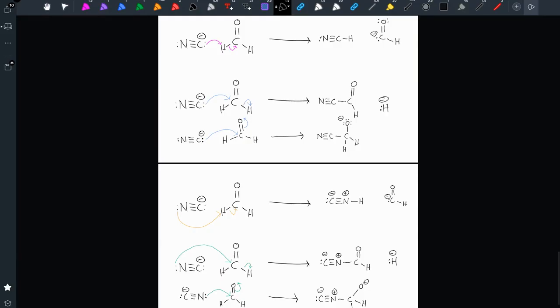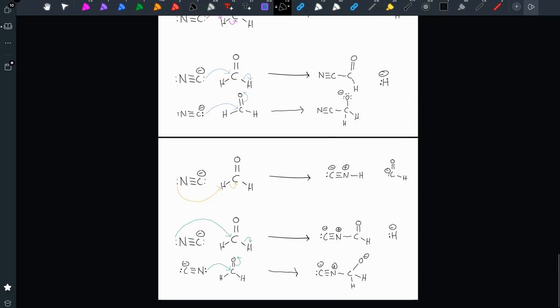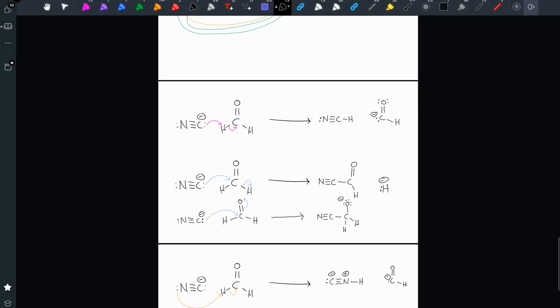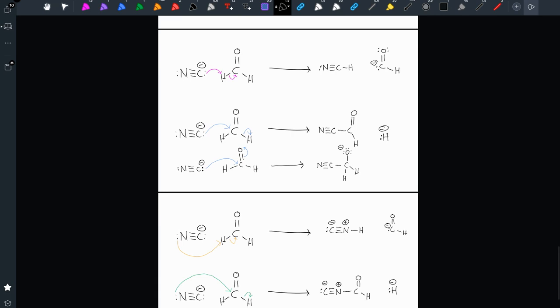So first of all, all of them follow the octet rule. So that's not going to be a distinguishing factor. But our first rule is follow the octet rule. They all do that. Second is minimize formal charge.